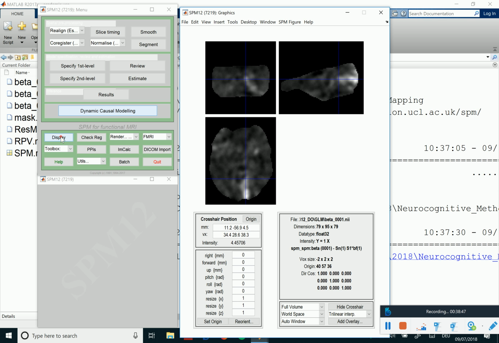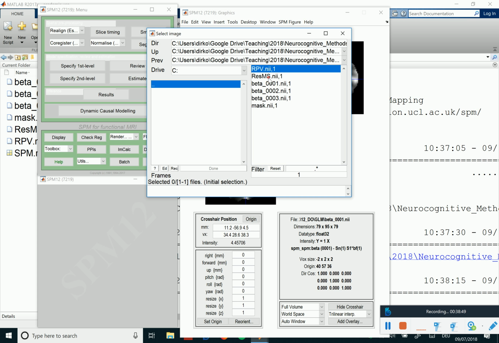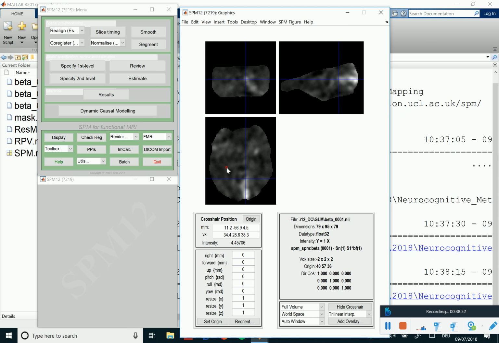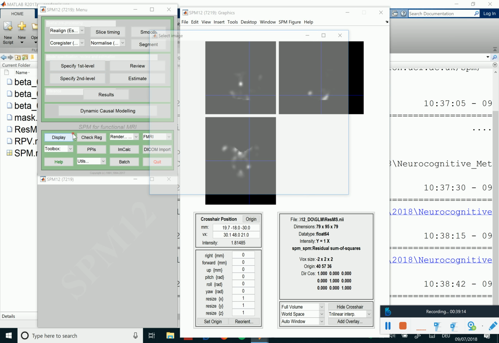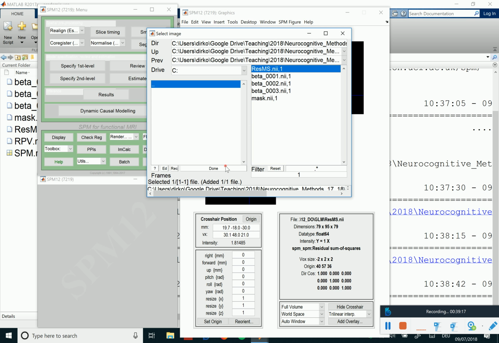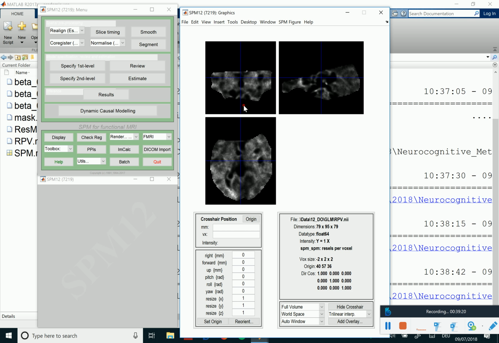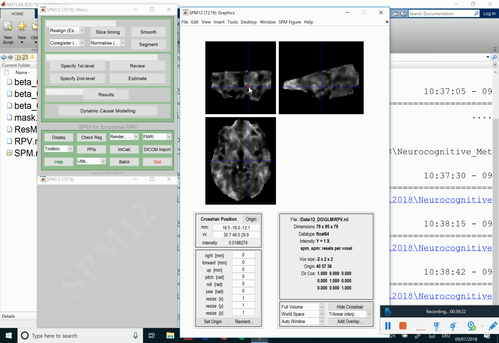What else do we have? So these are the variance estimates, although one cannot really see much. There's a lot of variance here. I wonder, what is this? Oh, these are the variance estimates.